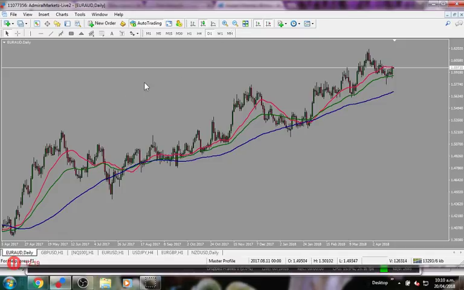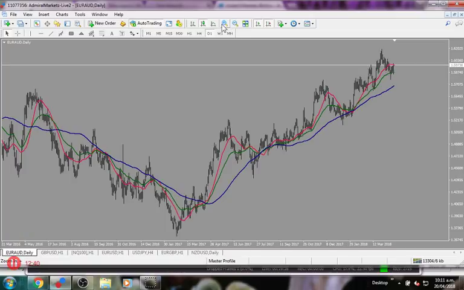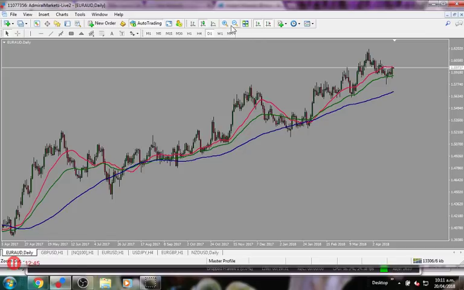For example, here the euro against the Australian dollar, you can see it's been trending upwards for quite some time throughout the whole of 2017 and this year as well. So you can say overall, yes, we are in an uptrend here, and so that's maybe in a way your first starting point.